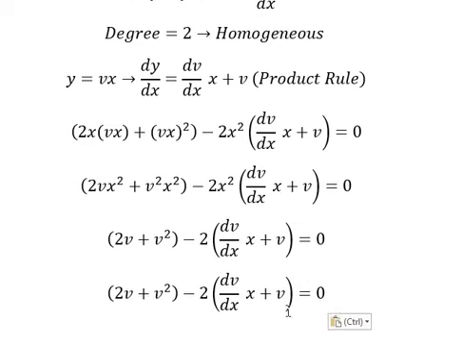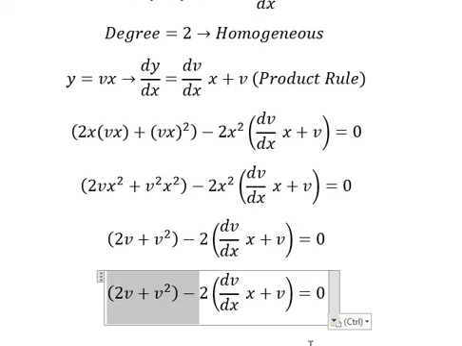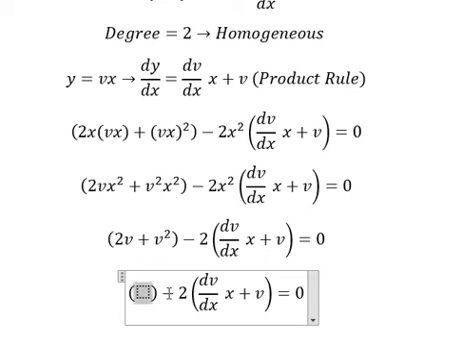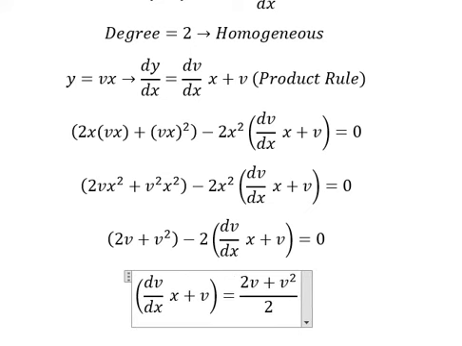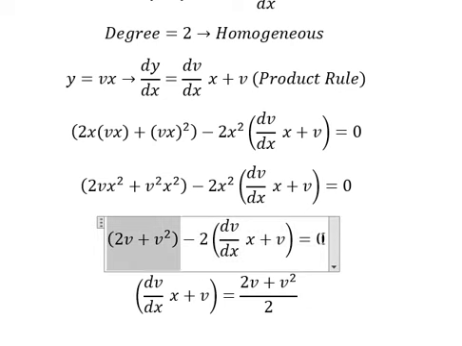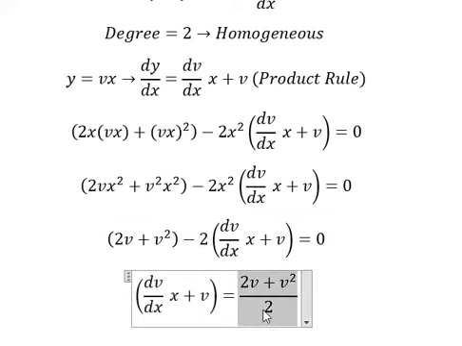Next, I will put this one go to the right, and we divide both sides by negative number 2. Because if we put this one, we have the negative side in here, and we have another negative side. That's why we have positive when we divide in here.